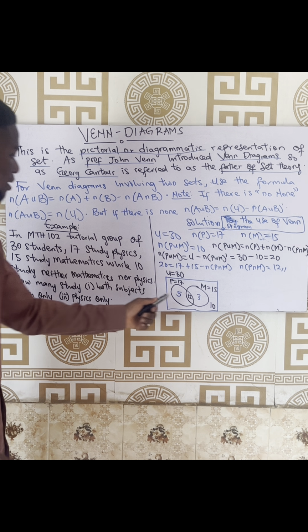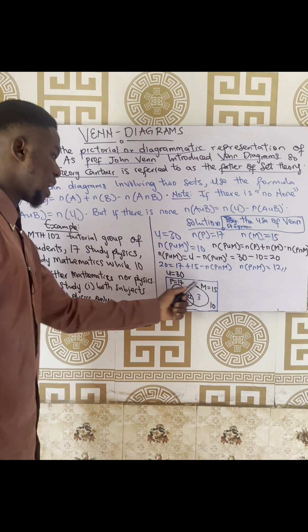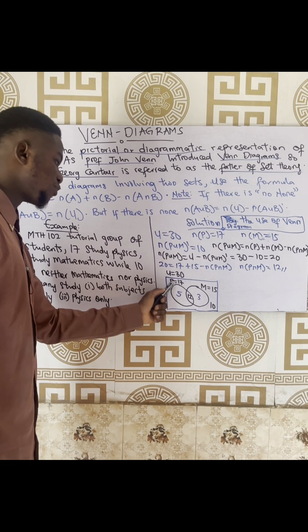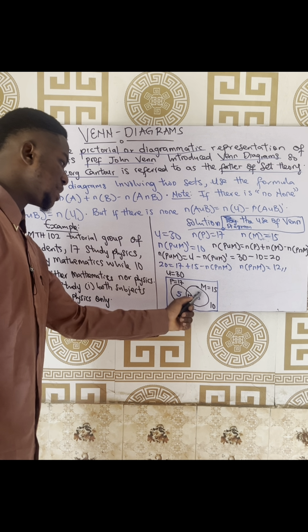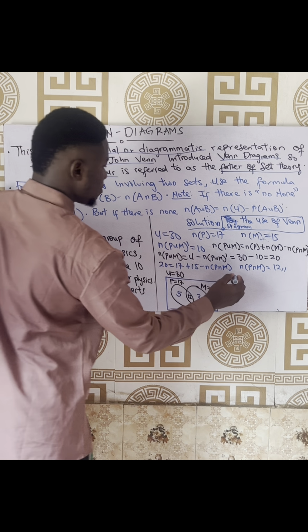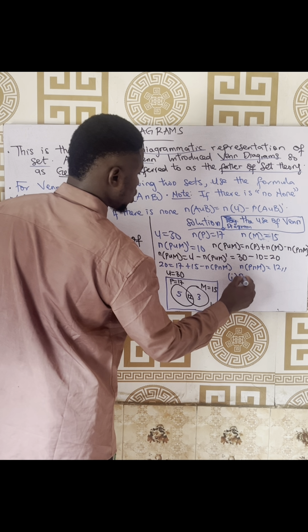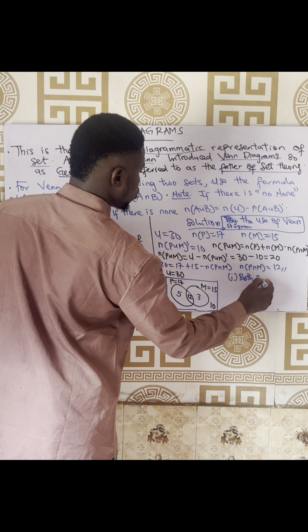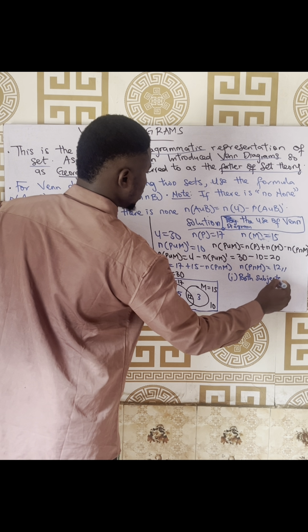Are you there with me? So then you have to understand something, that this center is the intersection of P and N, but this place is for physics only. This place is for mathematics only. So they ask us to calculate numbers that study both subjects. So number one, both subjects is equal to 12.